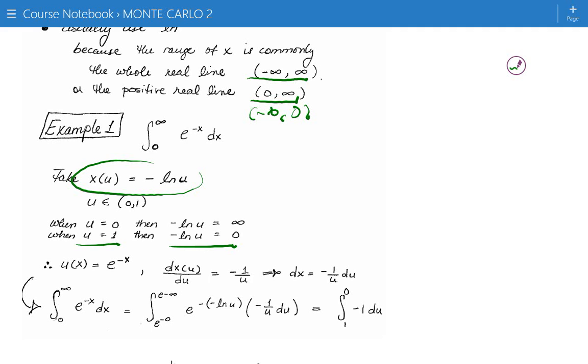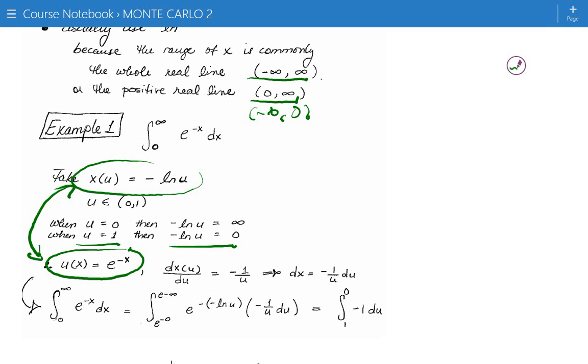So we are going to define our u as a function of x. We're going to need both of these. We have x as a function of u. We will get the inverse function, and we will express u as a function of x.